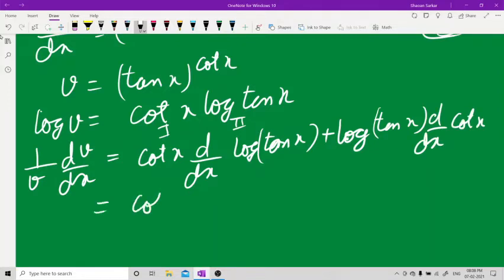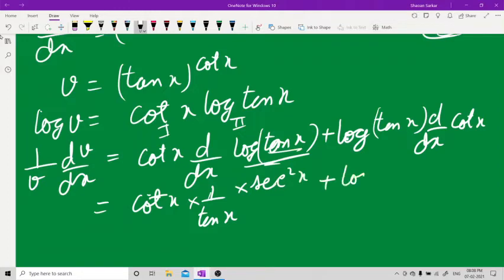Now this is cot x, use chain rule into 1 upon tan x and into derivative of tan x, which is sec square x, plus log tan x, and then derivative of cot x is minus cosec square x. Now cot and tan cancel each other out.